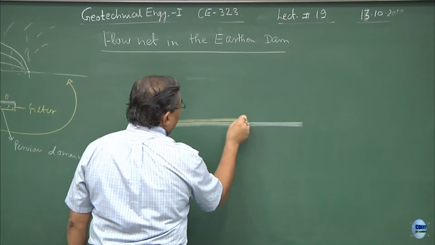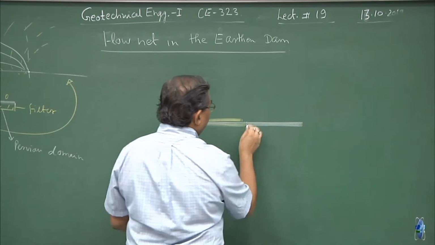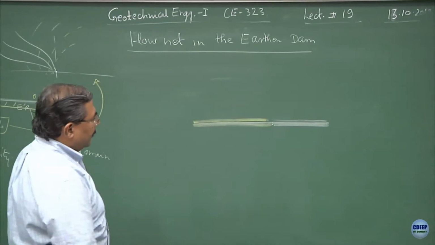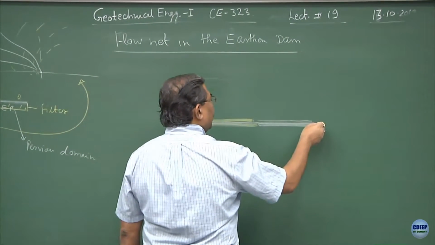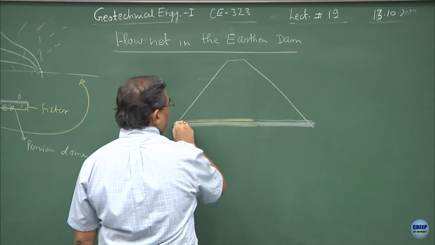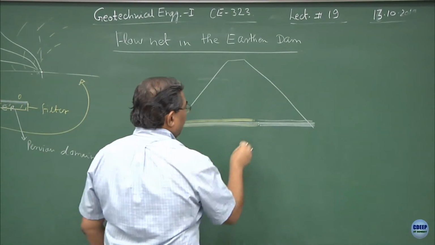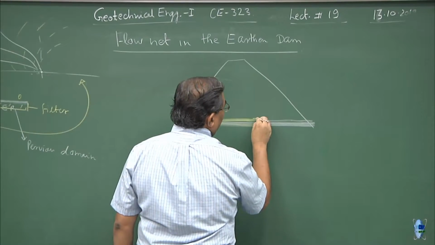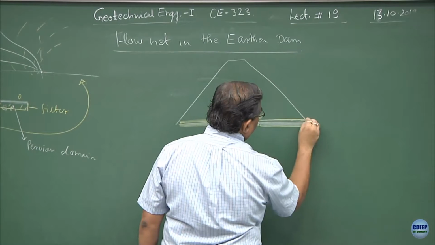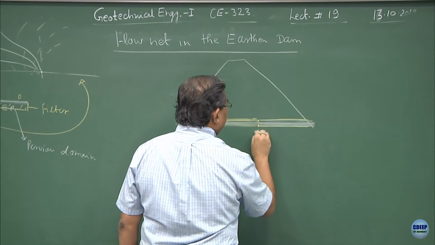Second layer of soil, second layer of gravel or sands, and then you can give it a shape of the final embankment like this. So, this becomes my drainage layer and point A gets shifted inside.